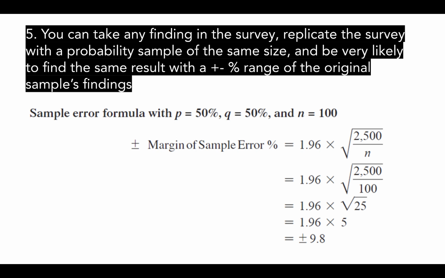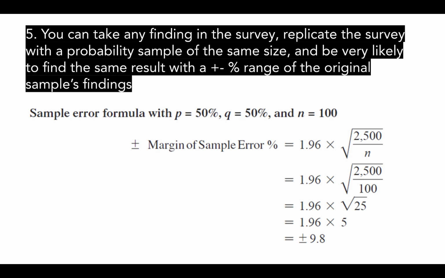So in the numerator of the fraction, you have P times Q. So 50 times 50, which is 2,500, divided by N, the sample size, which is 100. So you just plop that in there, and then you calculate it. Of course, 1.96 is that constant that we had.